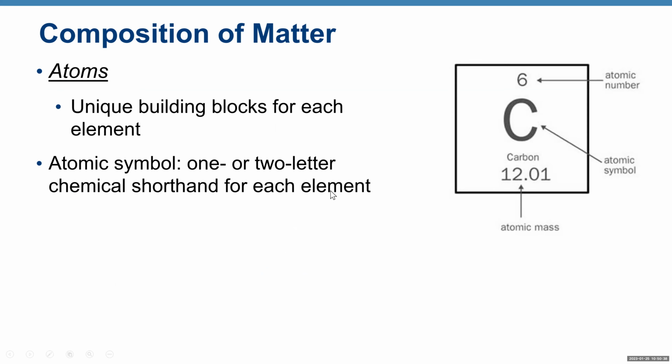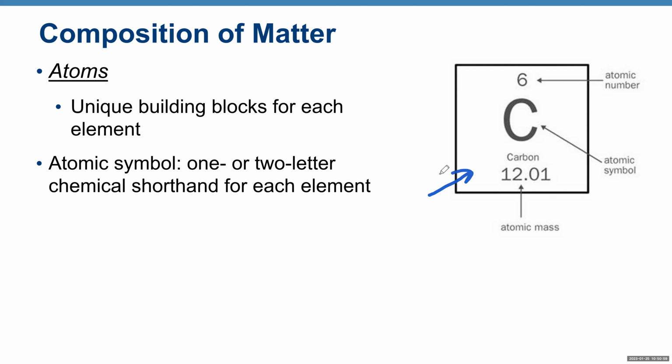Elements are made of atoms. Atoms are unique building blocks for each element. So each element has an atomic symbol, made of one or two letters, chemical shorthand for each element.